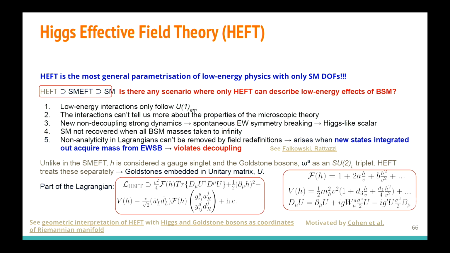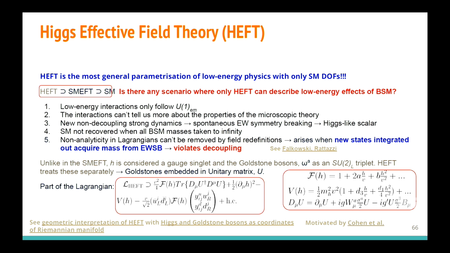So if there is some new non-decoupling strong dynamics, it spontaneously breaks the electroweak symmetry and we get a Higgs-like scalar. But in this case, in the HEFT-like scenario, the standard model is not recovered when all the BSM masses are taken even to infinity. So in SMEFT, we see that if we have a non-analyticity in the Lagrangian, field redefinitions would get rid of those non-analyticities.